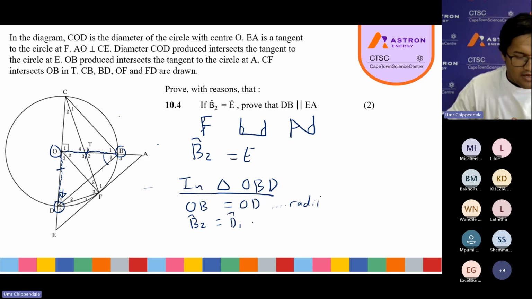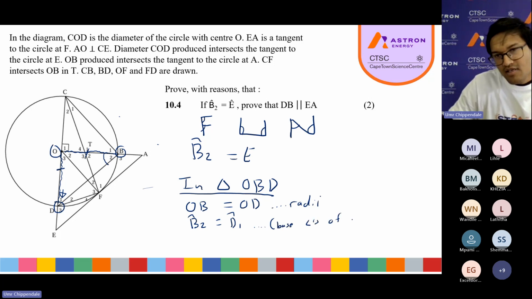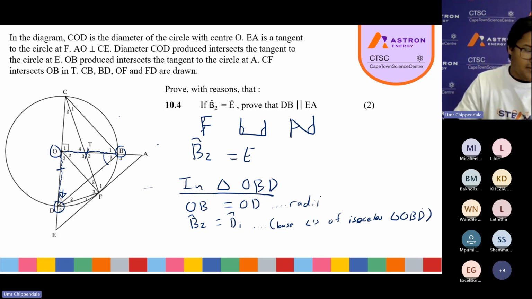And then my favorite reasoning by now, hopefully yours as well: base angles of your isosceles triangle, which is OBD that I'm speaking about right now. So we have that over here.